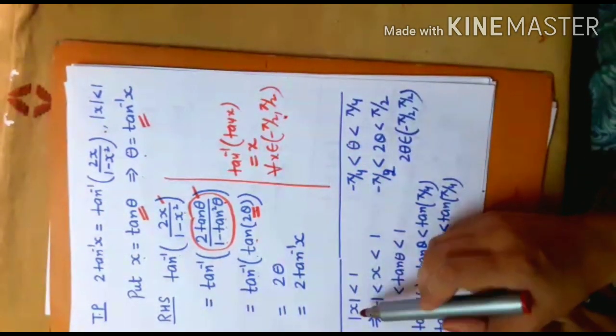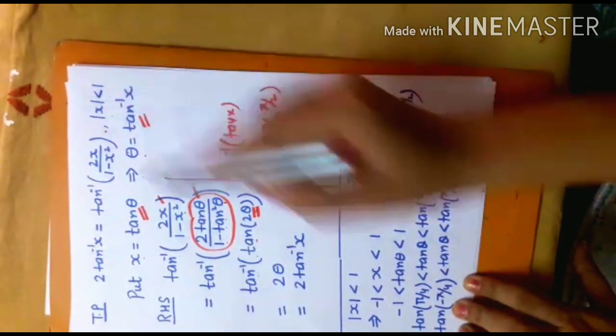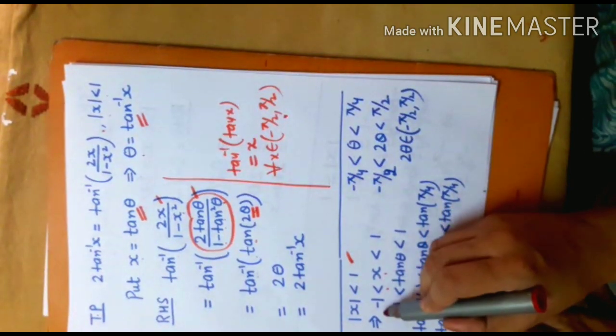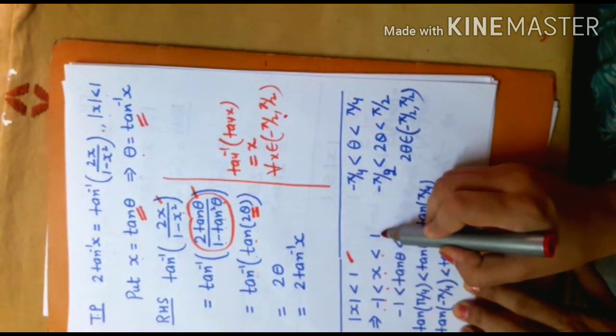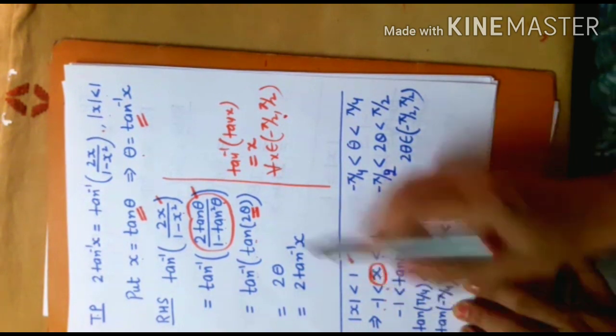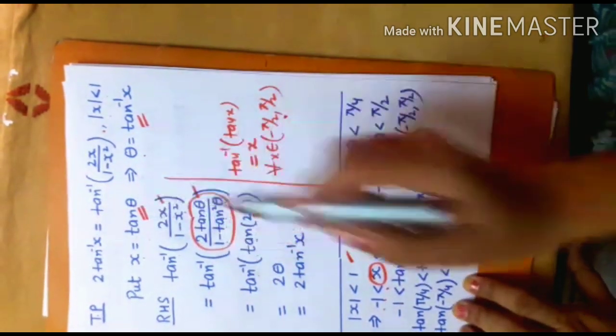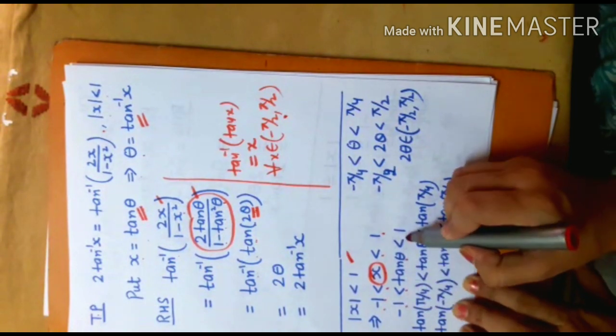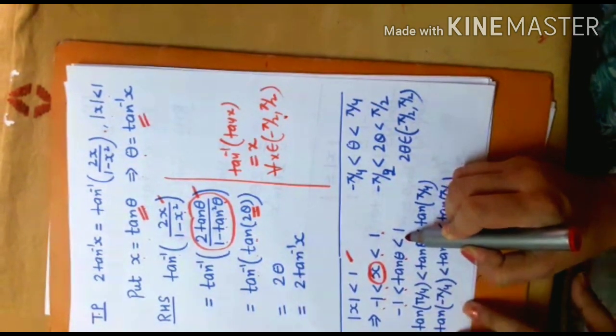Now look here. Absolute value of x is less than 1. This means that x will be greater than minus 1 and less than 1. And what was x? x was tan theta. So that means tan theta is greater than minus 1 and less than 1.